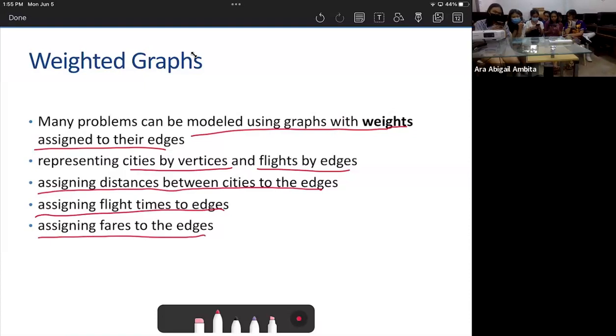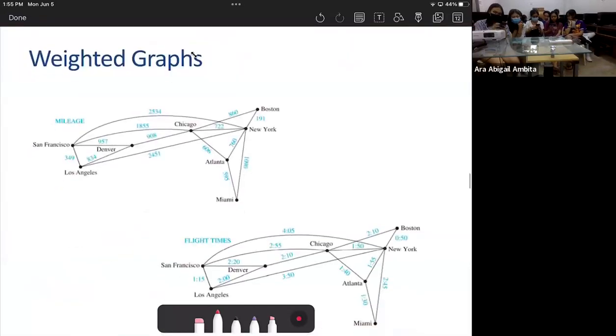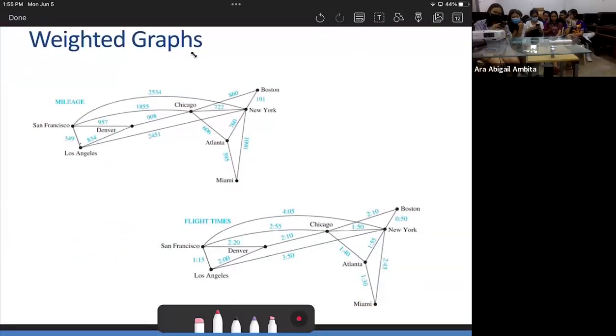So, for example, here we have several airlines or cities. And let's say, I'm not sure if this is distance or plane fare, but let's assume it is distance. So what is the shortest way to go from San Francisco to Boston or from San Francisco to Miami?